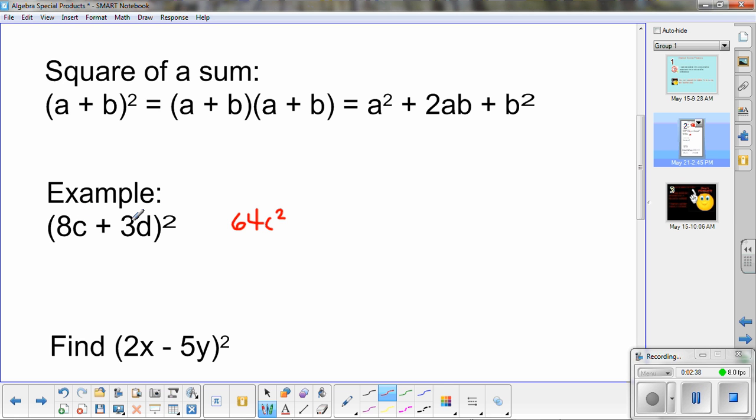So 8 times 3 is 24, so this is 24cd. And then we want to double it, so it's going to be 48cd. And then our last term is going to be taking this one here and squaring that. 3d squared is 3d times 3d, or 9d squared.